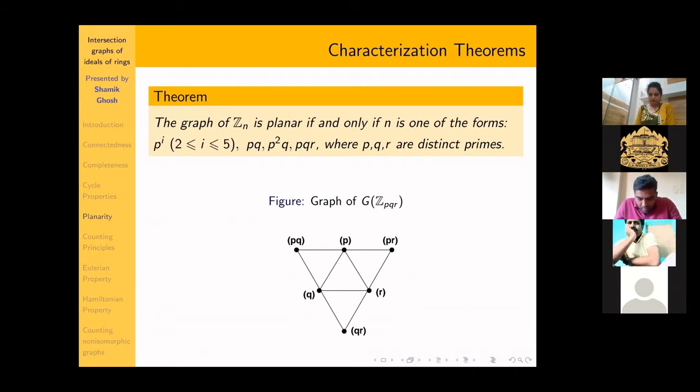This is the graph of pqr. P square q, we can remember the graph of Z12, that is a triangle with an antenna-like thing. And these are the only planar graphs. All other graphs are non-planar. So you see again the graph class is dense. So these are the only planar graphs that you can characterize for the graphs of Zn.